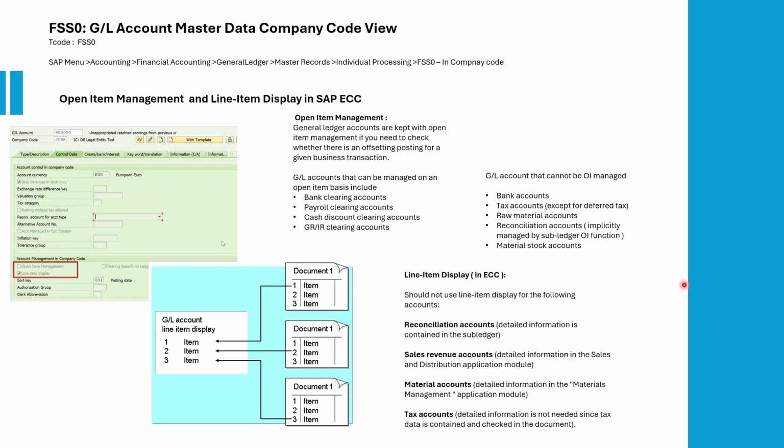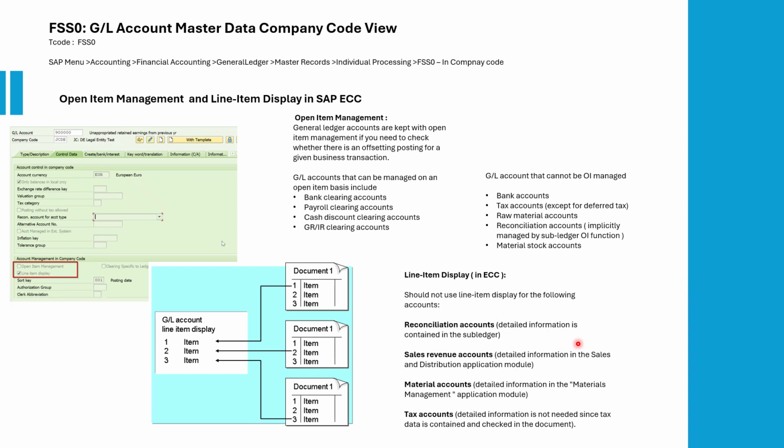Then there are material stock accounts, because they are handled by the material functions, and raw material accounts. These are just for posting, because these accounts generally provide the link from those modules to finance. There is no need for open and clear line item management for them. Okay, that's where open item management is used.